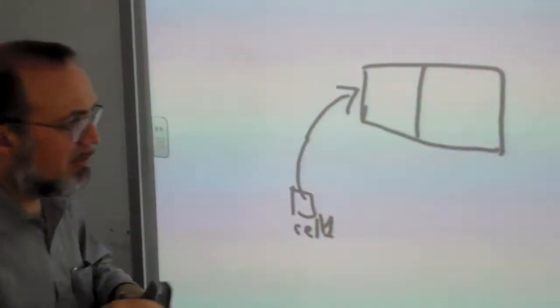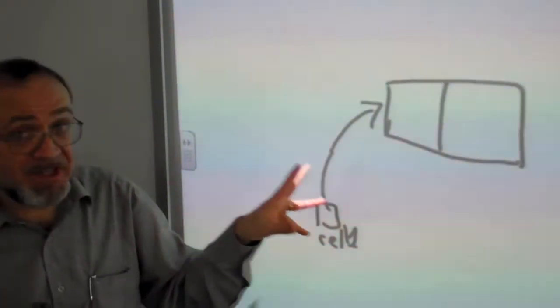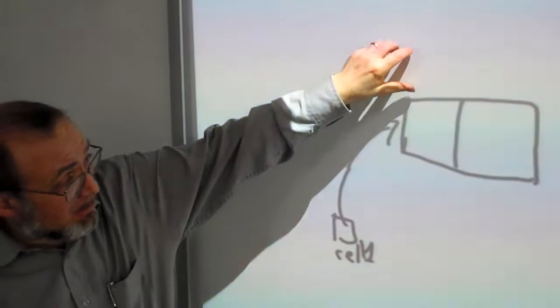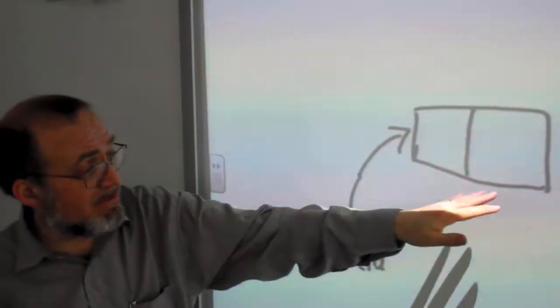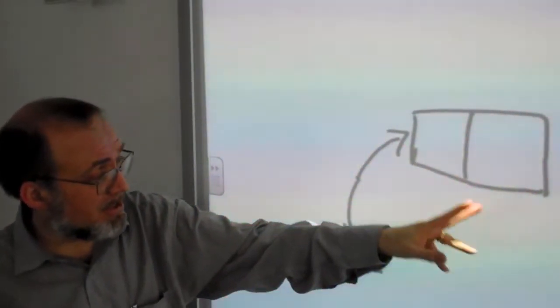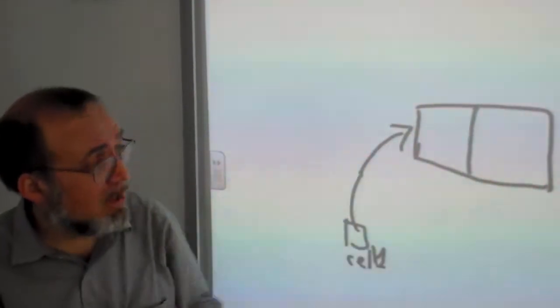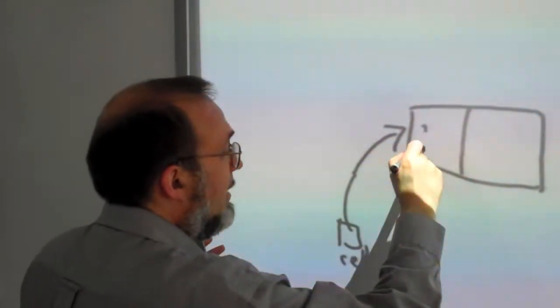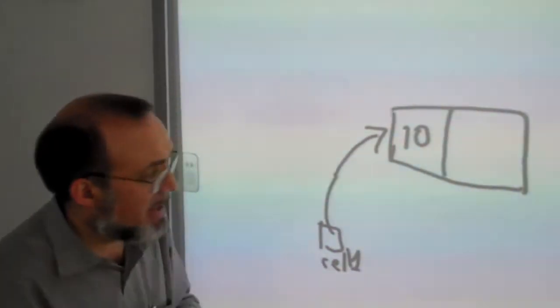So this is a cell object again, but in this case the first variable is the left hand side and the next variable is the right hand side.